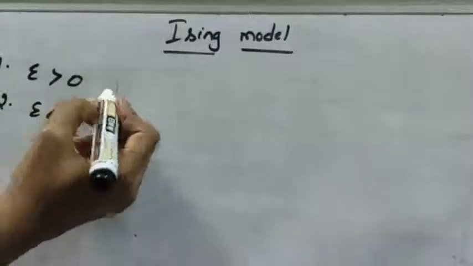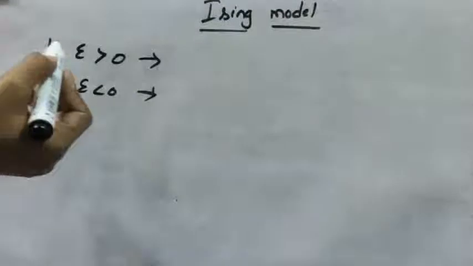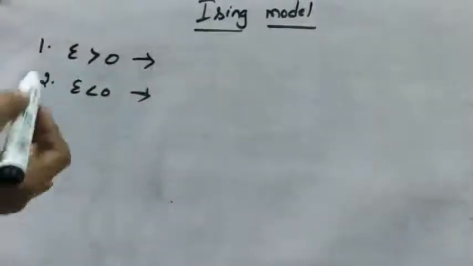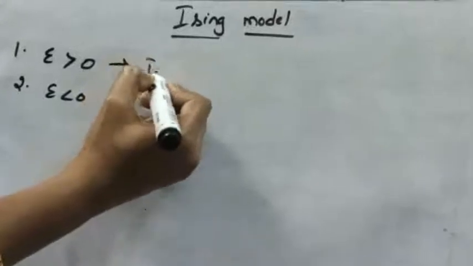The first case is epsilon greater than 0.